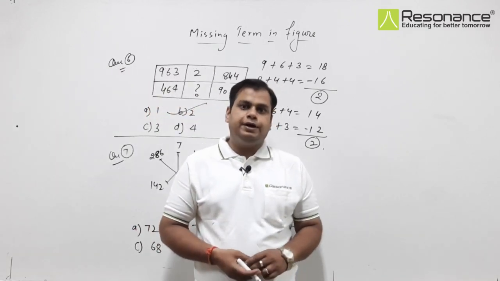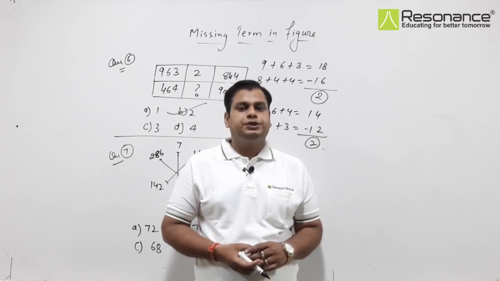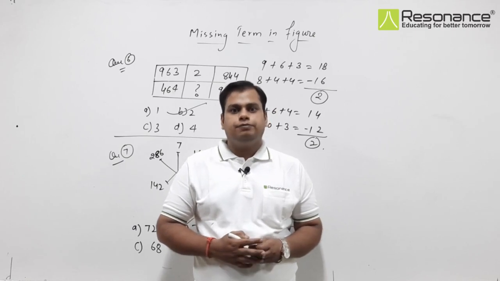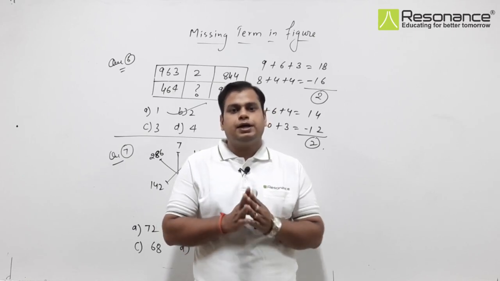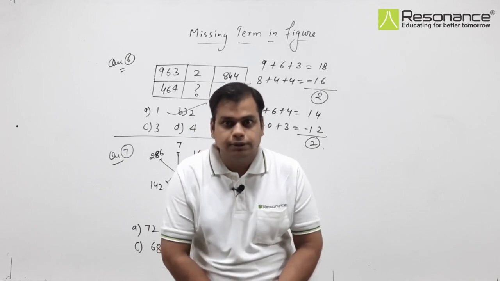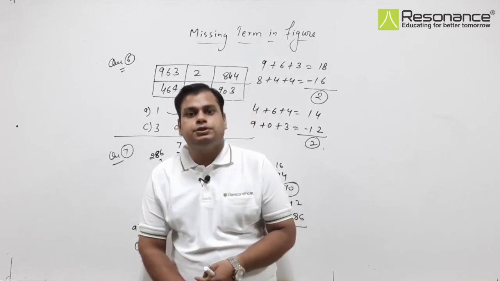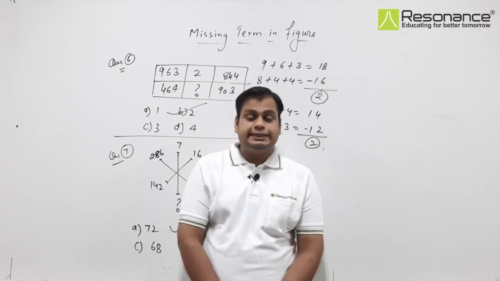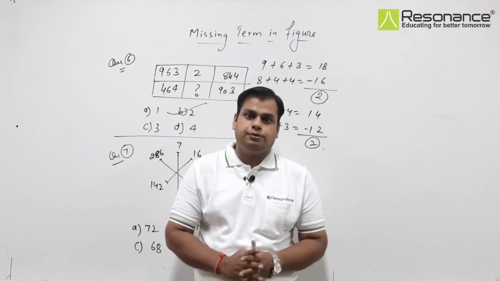This is how we have to solve the question of missing term in figure. First we have to check which kind of figure is given, then we have to see how we can relate the given numbers. Then we have to see whether the logic we are applying is proper or not.